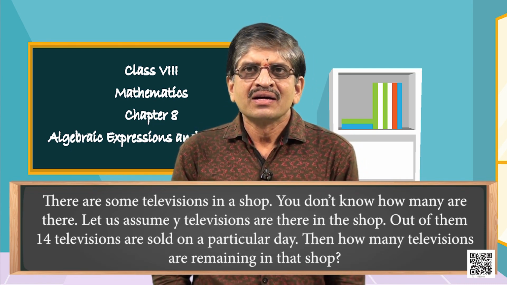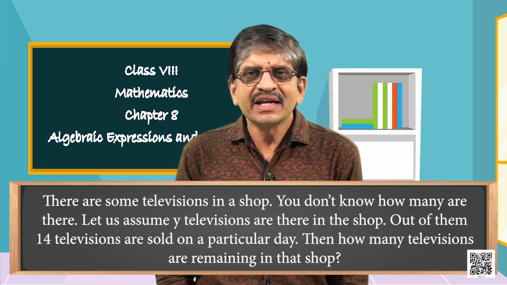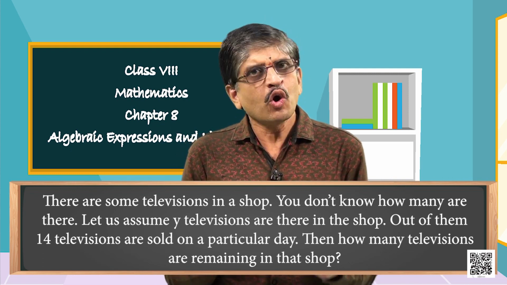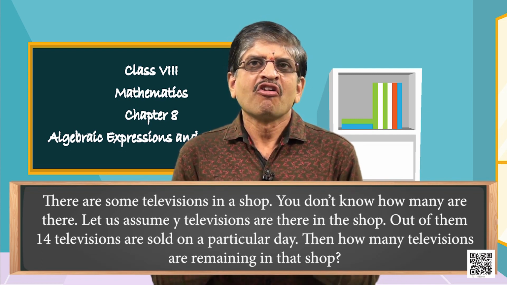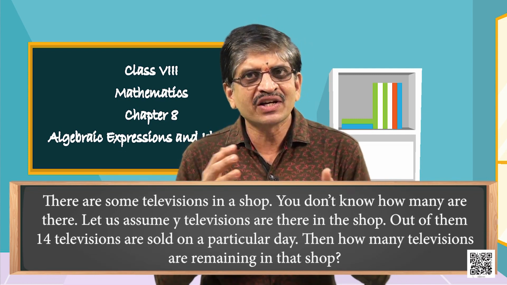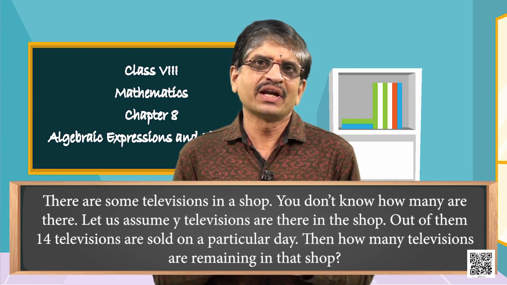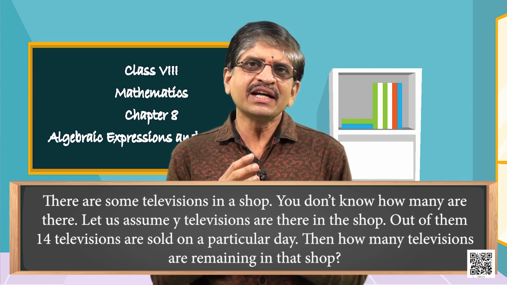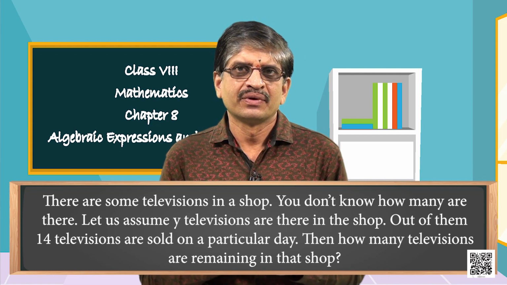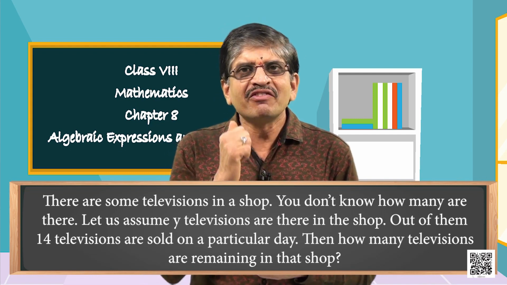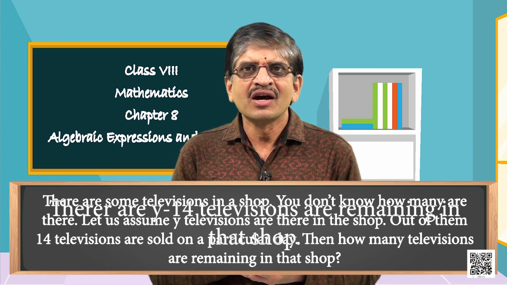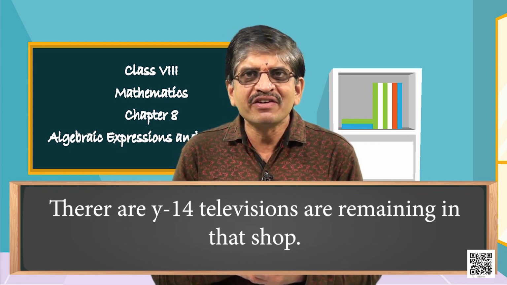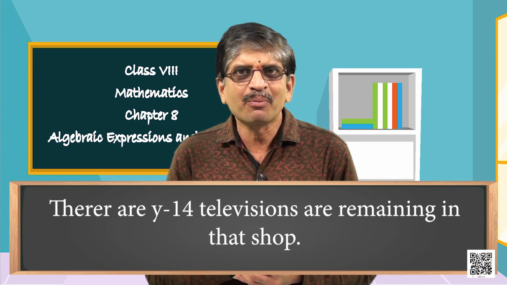There are some television sets in a shop. We don't know how many televisions are there in the shop. Let us assume y number of televisions are there in the shop. On a particular day, 14 televisions are sold. Then how many televisions are left in the shop? Good. There are y minus 14 televisions left in the shop.